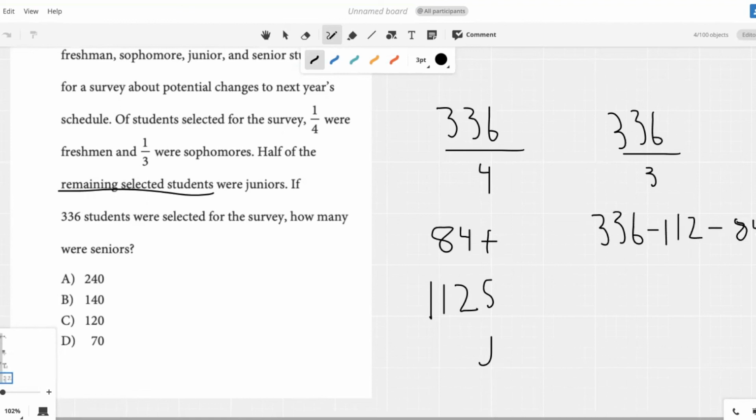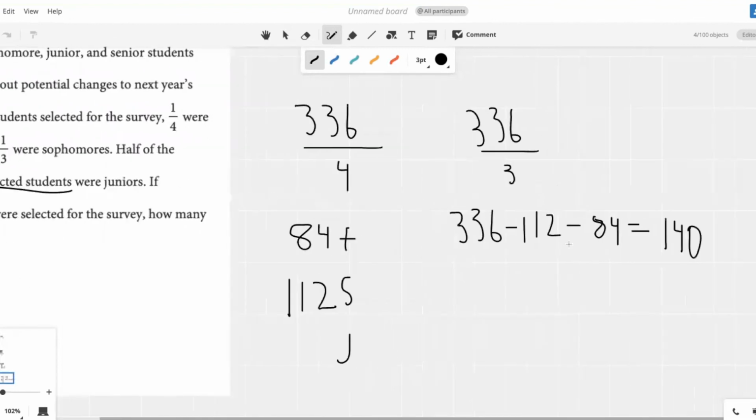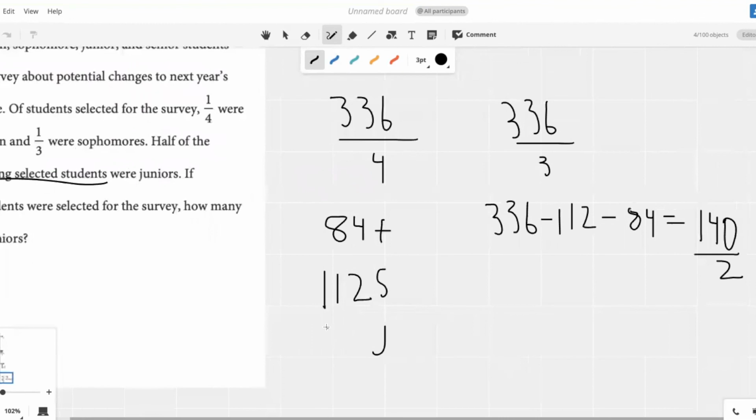And that should give us 140. And from here, it says half of these students were juniors, so we're just going to divide this by 2, and that will give us 70 juniors.